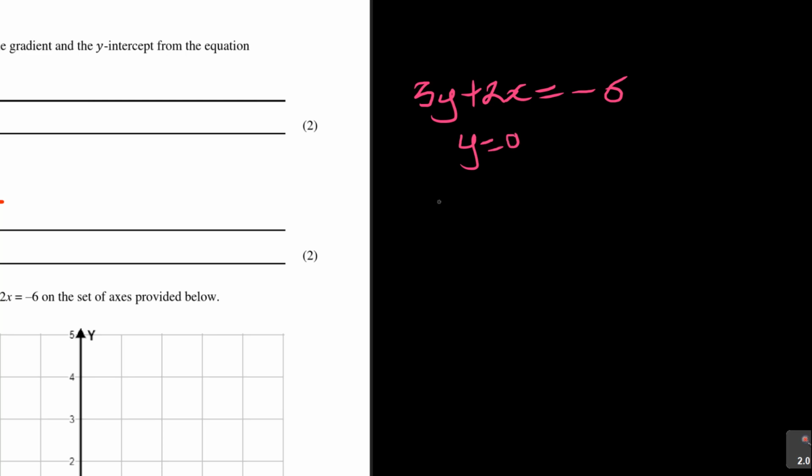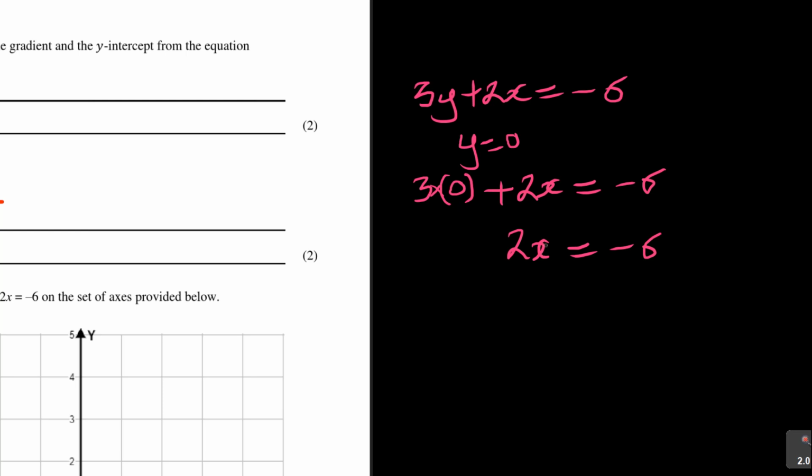Then you substitute there, which is 3. You can put times or put a bracket, and that's 0. That's what substitution means. Plus 2x is equal to negative 6, right? Now 3 times 0, this becomes a 0. It's more like this disappears, all right? So after that, we have got 2x is equal to negative 6.